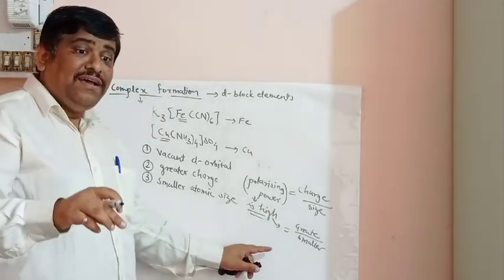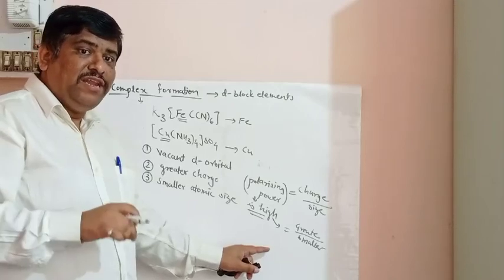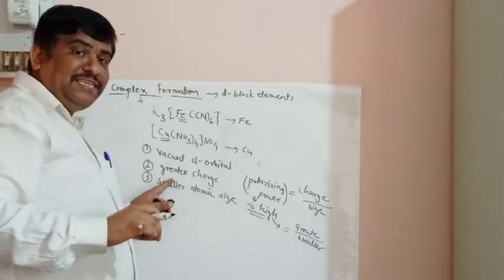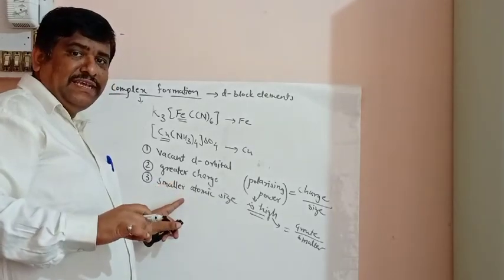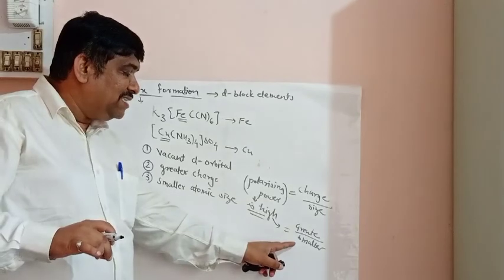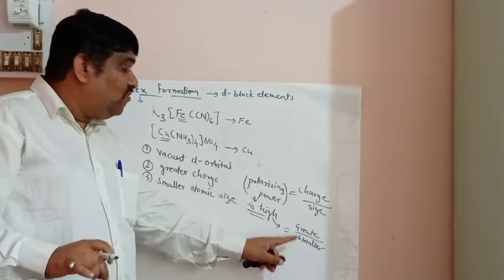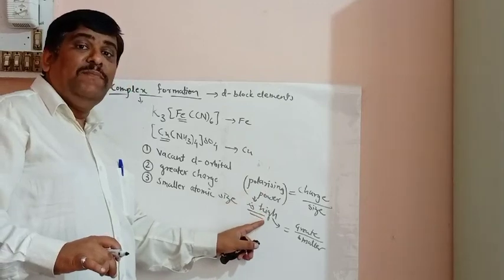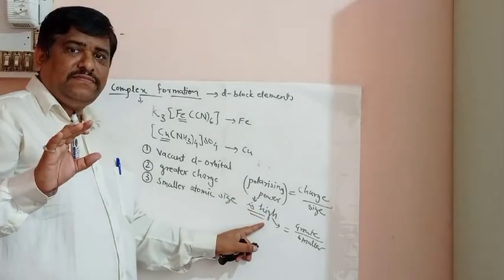So why do the d block elements give high polarizing power? In the d block elements, you get greater charge and smaller atomic size. Charge is in the numerator and smaller atomic size is in the denominator. Therefore, ultimately, the polarizing power will be very high. Got it?